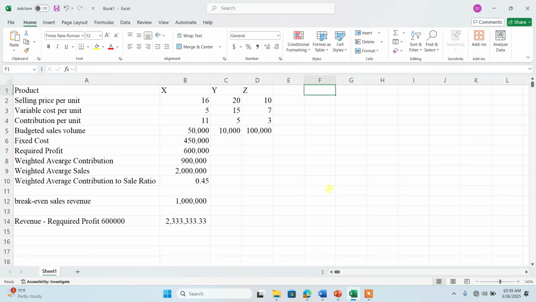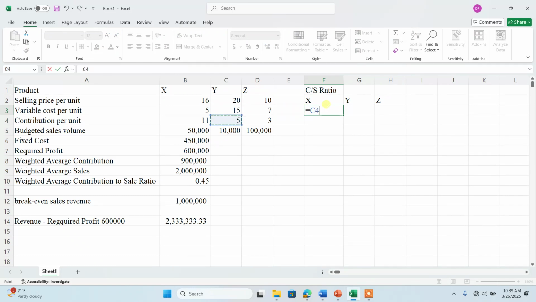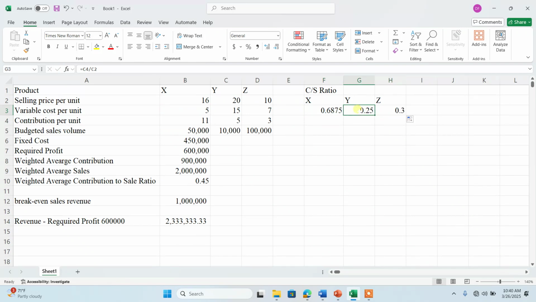First, I need to do the ranking. So let me calculate the contribution to sales ratio for X, Y, and Z. The contribution to sales ratio of X, contribution divided by sales, is 0.687, for Y it is 0.2, and for Z it is 0.30.